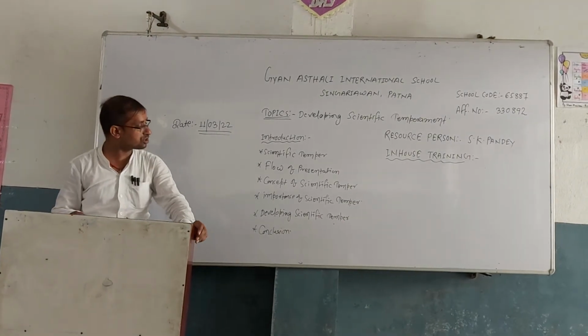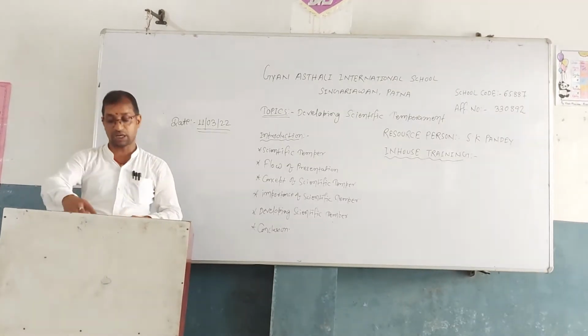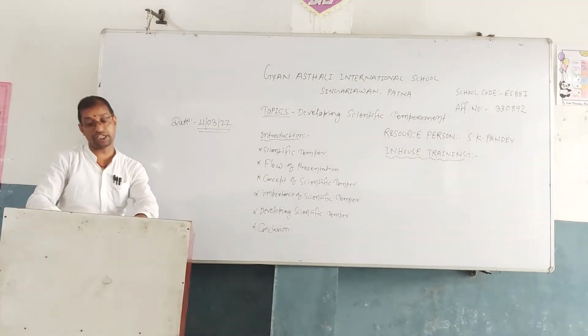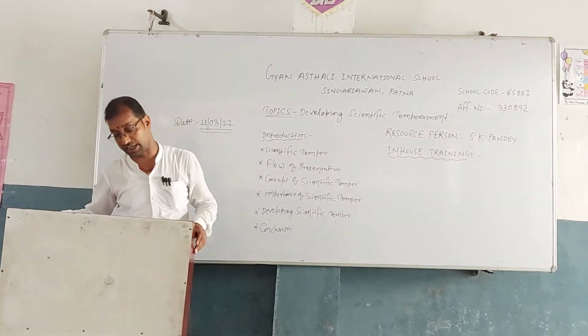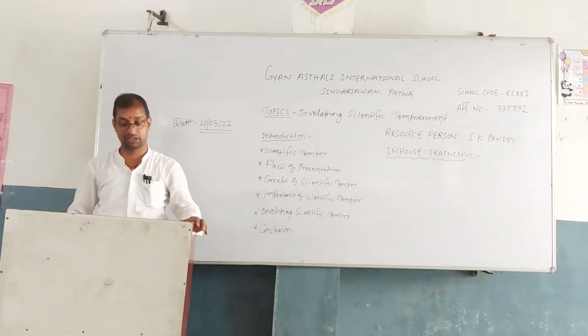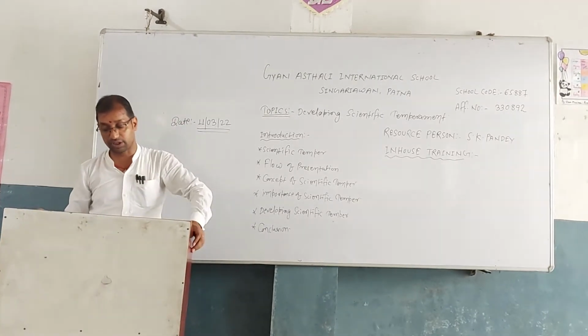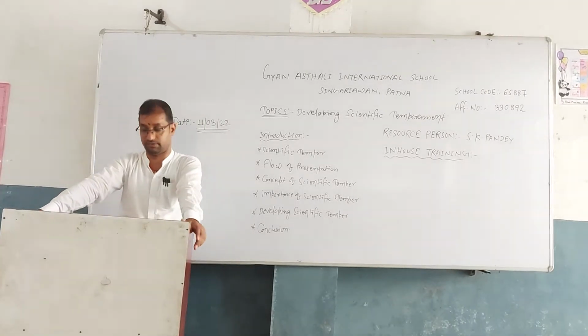The next one is the concept of scientific temper. The major aim of science education is to develop scientific attitude among the learners in a proper way. Let us first look at the two terms mentioned here, scientific attitude and scientific temper.